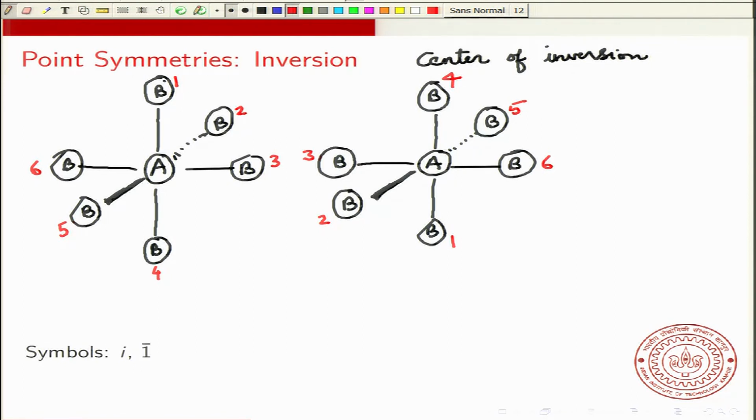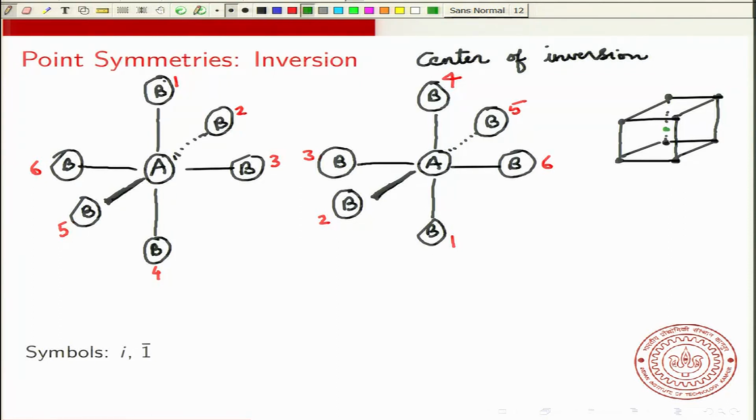So, there are some crystals which have local octahedral coordination, which will show a center of inversion. And now, similarly, a cube will also show a center of inversion. So, if I take a cube, there is a point at the center of the cube, which is an inversion center.